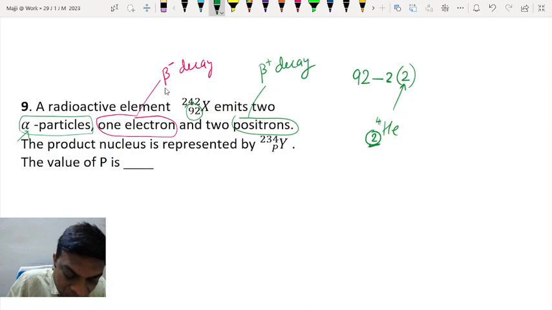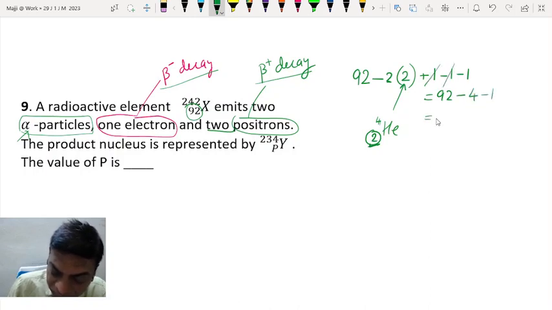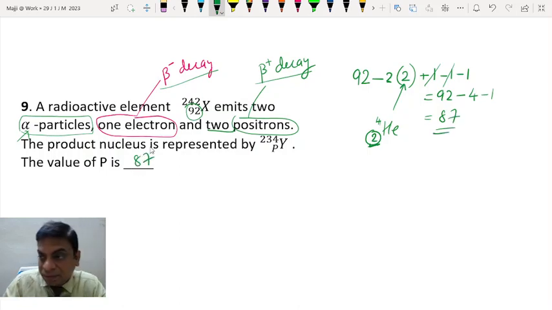Then corresponding to one negative beta decay, the atomic number will increase by 1, and corresponding to positive beta decay, it will decrease by 1. So two positive decays are there. So this will be 92 minus 4 minus 1, that is 87. So 87 is the answer.